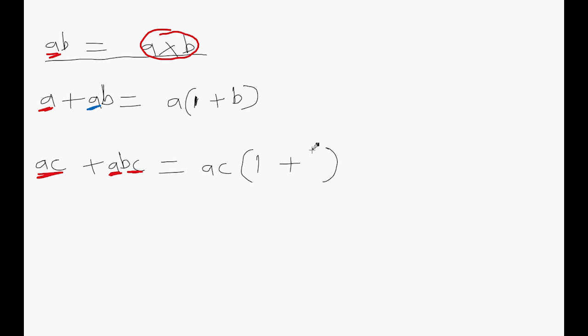And if you haven't guessed it, that's just B. AC times 1 gives you AC, check, and AC times positive B gives you ABC. So we have successfully factorized this expression, AC plus ABC.